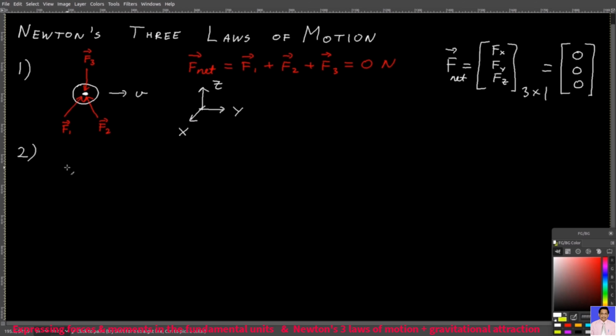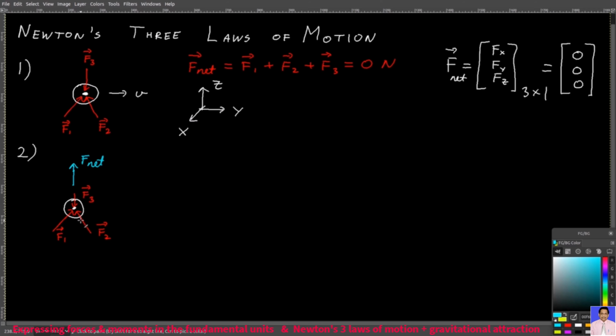And then the second law states that when there is an unbalanced force applied to the particle, you can see that in this case, the force that goes down is very small compared to the two forces that point up. Because of that, you will have some kind of net force in this direction.